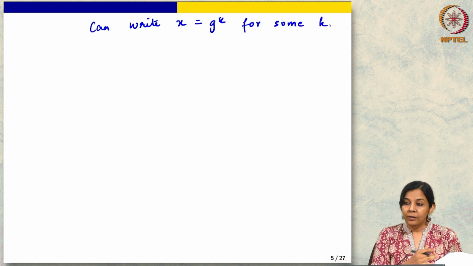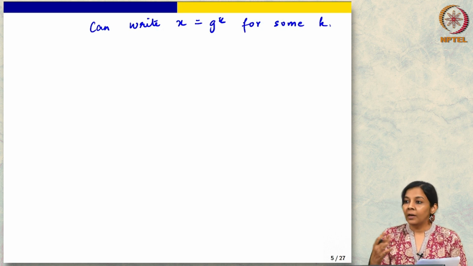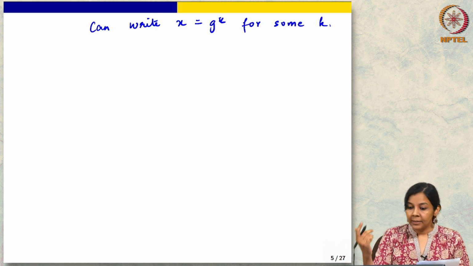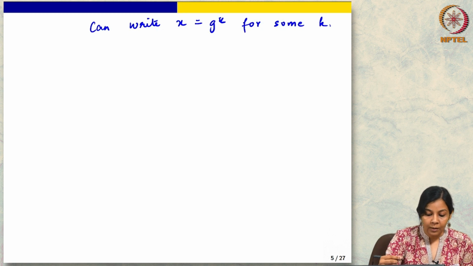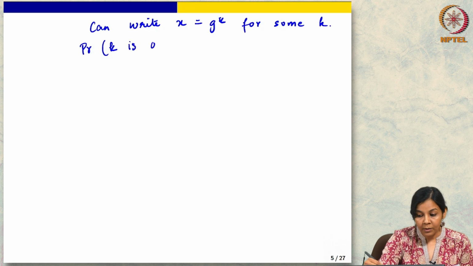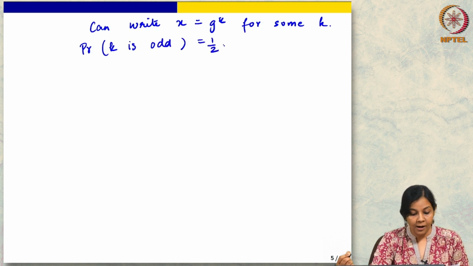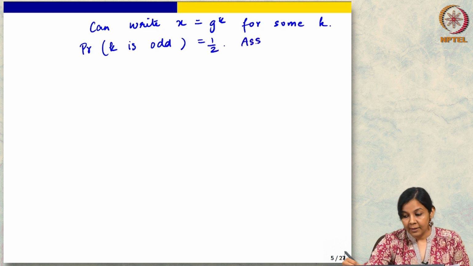And now moreover, because we chose x uniformly, k will be even and odd with equal probability. So, the probability that k is odd is half. Now assume that k is odd.